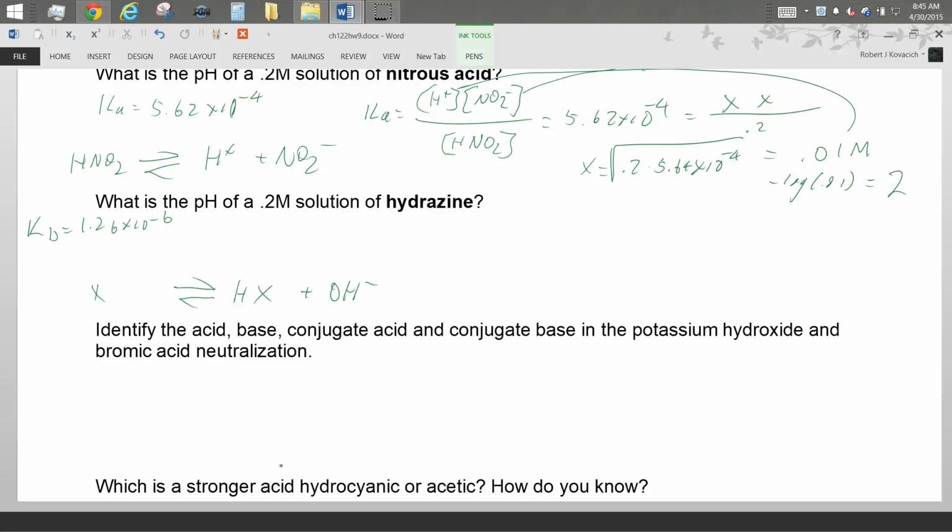It didn't give off anything. What did it do? No. What's different about the X from one side of the double arrow to the other? Now there's an H on it, so what did it do? It accepted a proton, right? That's Bronsted-Lowry's definition of a base.